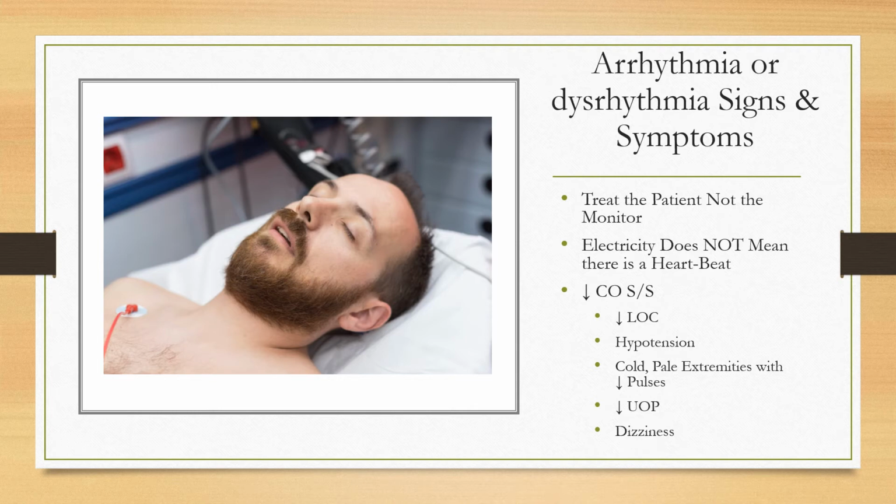On this slide at the top, you'll see two terms being used, arrhythmia or dysrhythmia. They mean the same thing. An arrhythmia or dysrhythmia can be a heart rate that's too fast or too slow, or it's not regular like it's supposed to be.